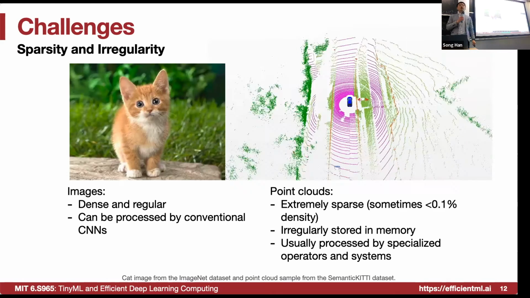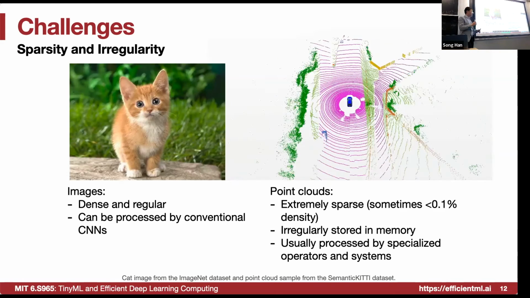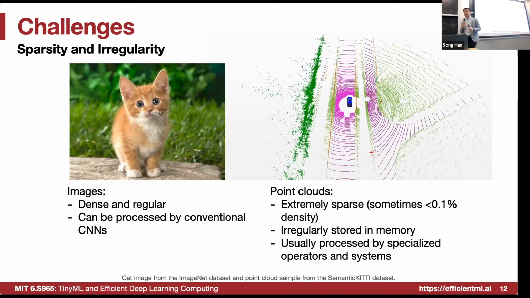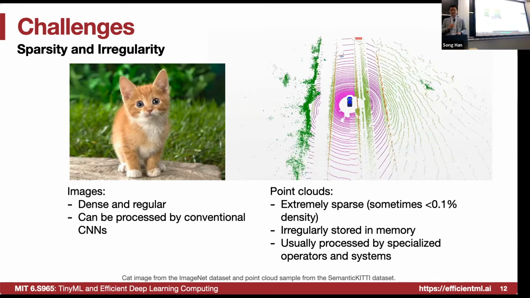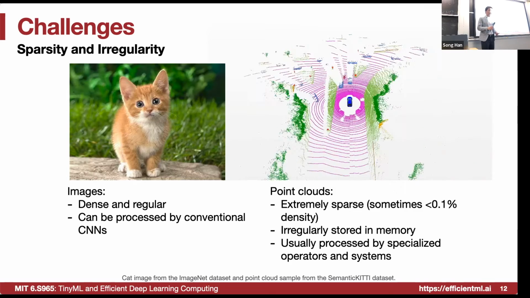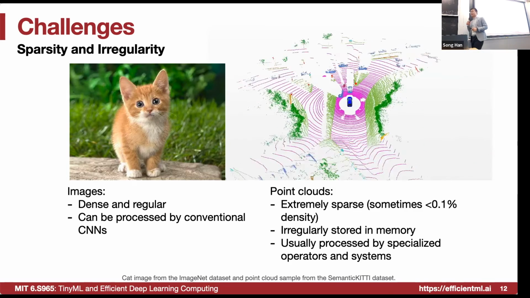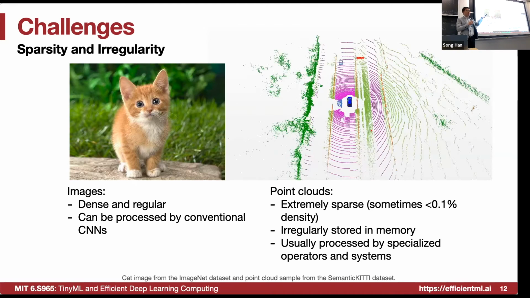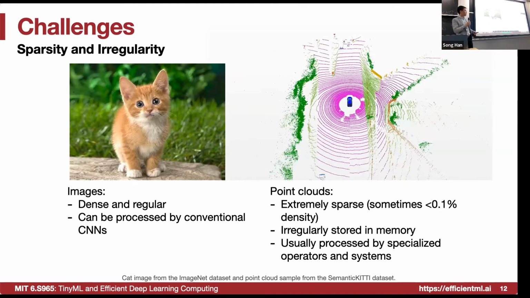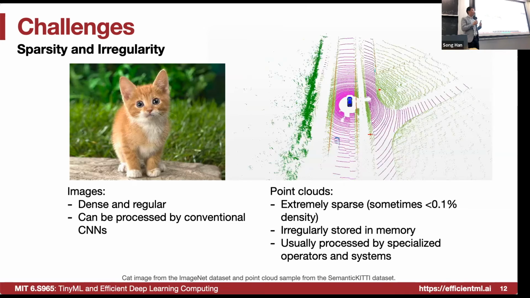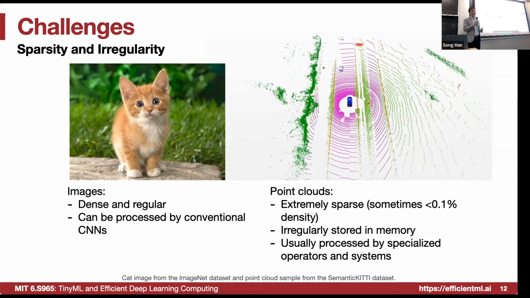Okay, so having introduced those applications, let's talk about what the challenges are of understanding the point cloud and point cloud recognition. So first of all, unlike images, an image is a pretty dense matrix. It can be 512 by 1K, for example. This is a lot of dense pixels that is very regular, right?